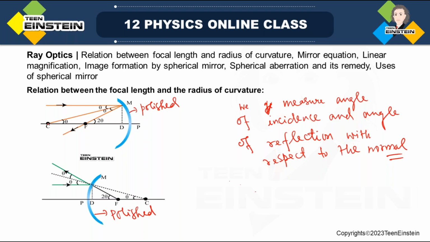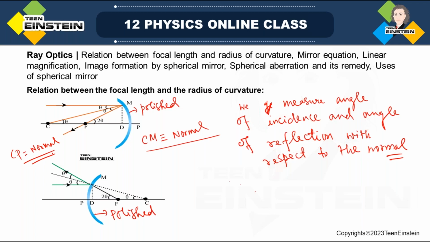Any line, see, this CM actually is the normal here, normal to the mirror. Here also, same thing, CP is actually the normal.